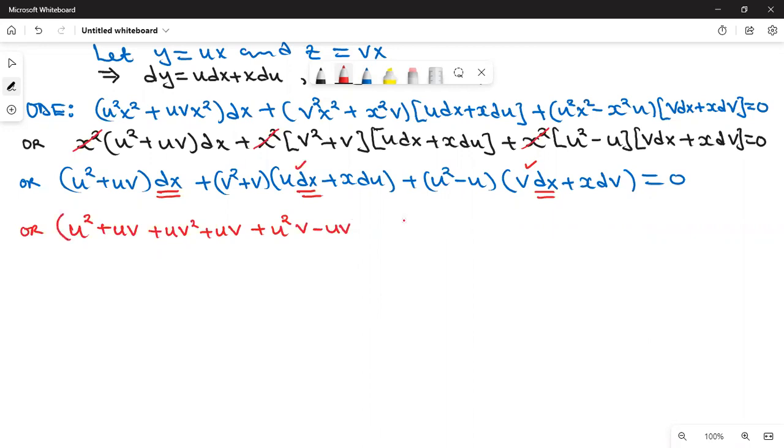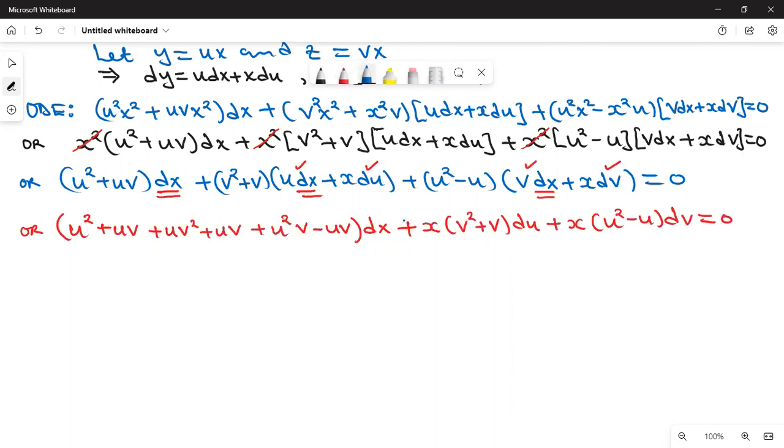The whole of this is the coefficient of dx. The coefficient of du will have plus x times (v squared plus v) du. And the coefficient of dv will have plus another x into (u squared minus u) dv. That should give us 0.